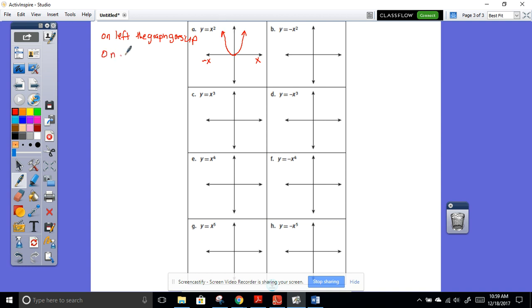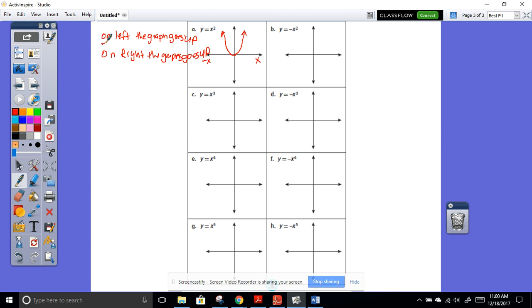And we would say the same thing about the right. On the right, the graph goes up.